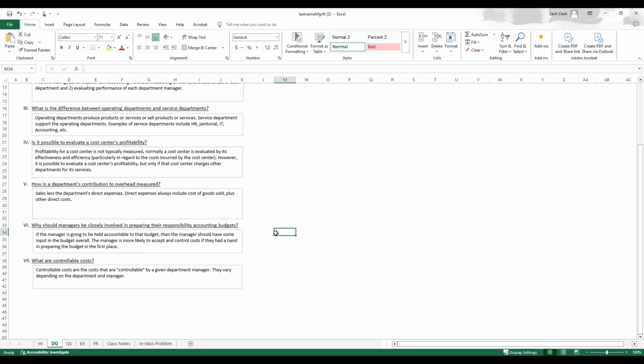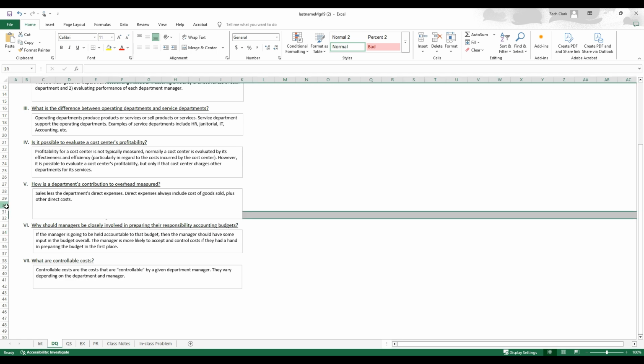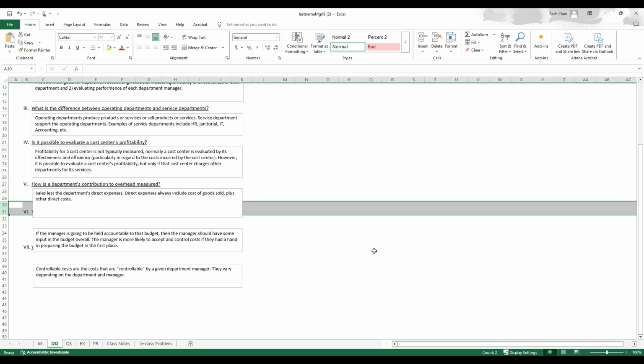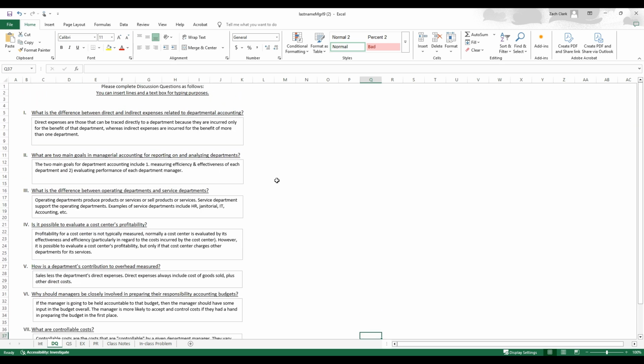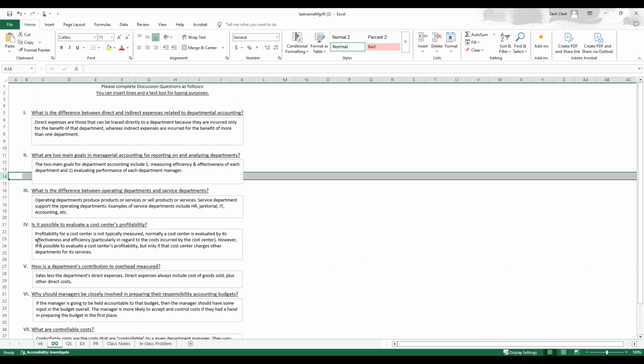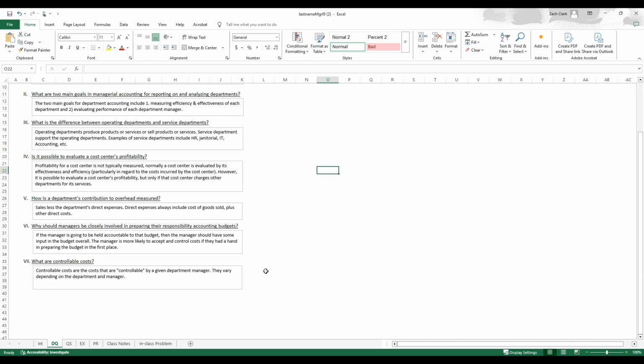So something like property taxes, if a given department is using a specific location or a building, and there might be some property taxes associated with that building. While that might be a direct cost, potentially, or at least a cost that's closely related to that specific department that the manager oversees, they might not have any option, that might just be driven by the government telling you how much property taxes you have to pay. And so that's really outside of the ability of a manager to control.